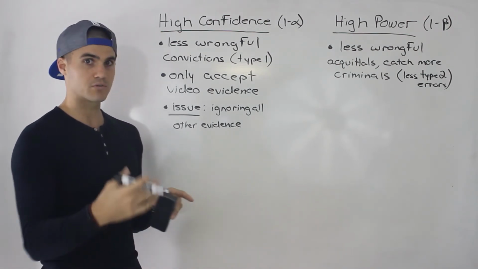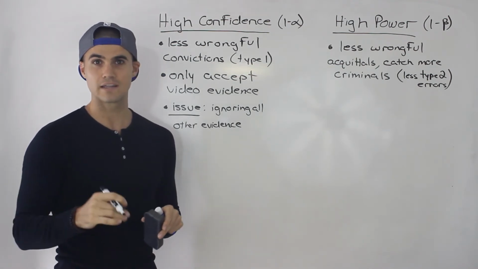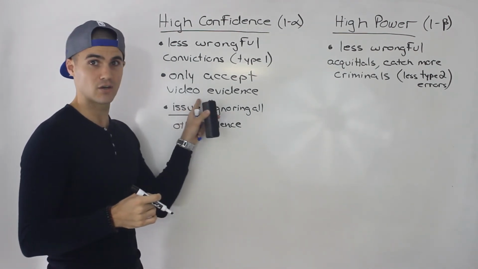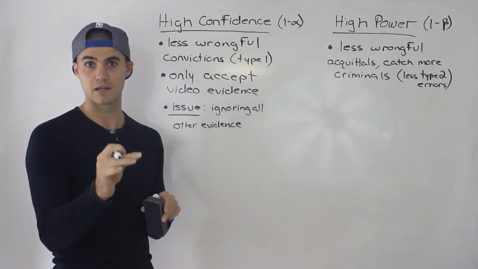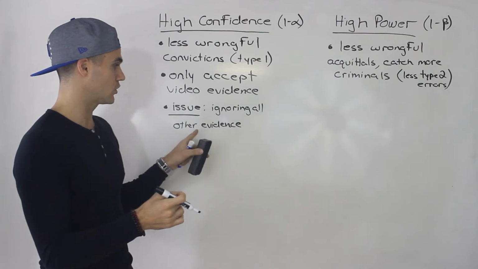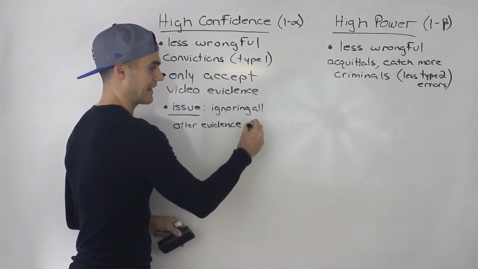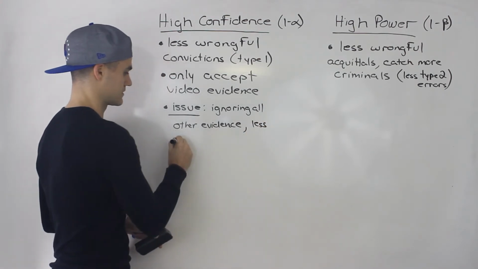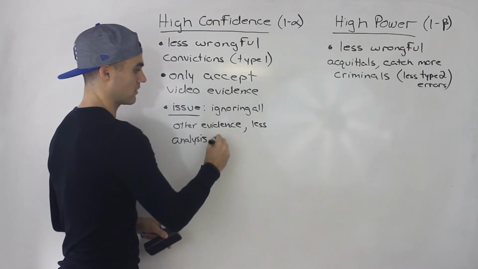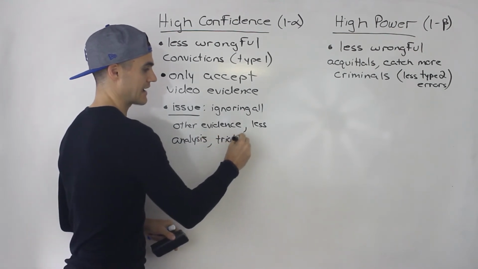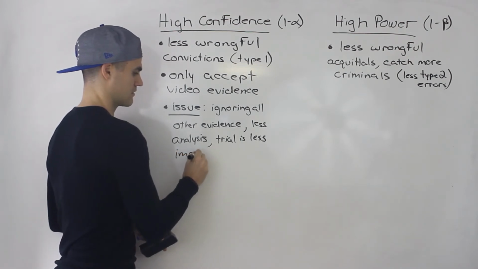And when you're presented with that kind of evidence and you're a high confidence judge, yeah, I don't want to hear witnesses. I want to see a video. I want to be fully confident in knowing that this person committed the crime. So you're ignoring all other evidence. So you're doing less analysis. In this case, the trial is less important, right?